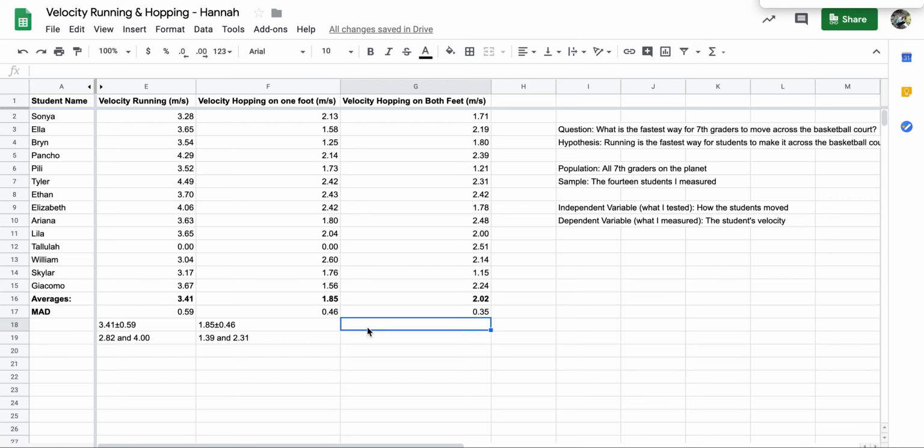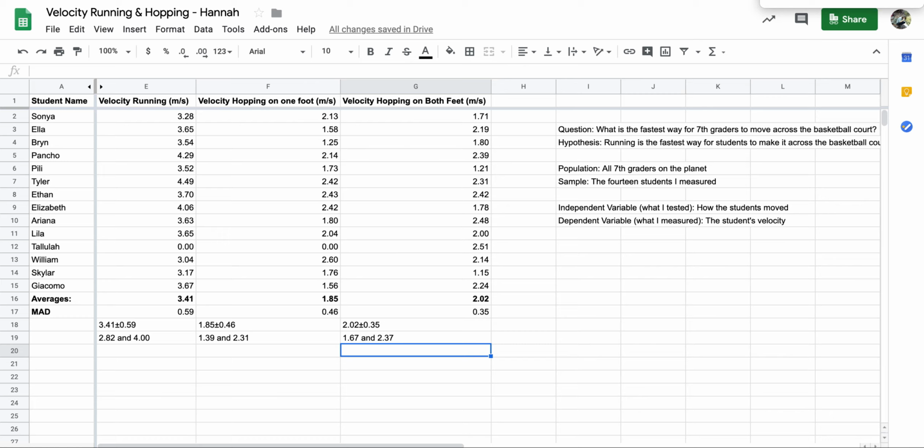For my velocity hopping on both feet, I'd have 2.02 plus or minus 0.35, which is to say somewhere between 1.67 and 2.37. Now, the reason why this is useful is because it lets me compare these numbers more realistically.